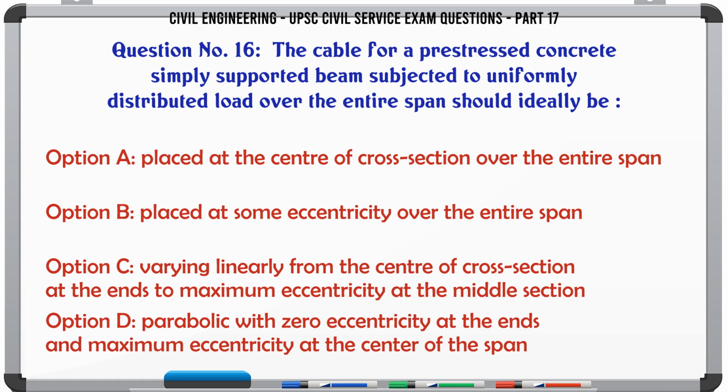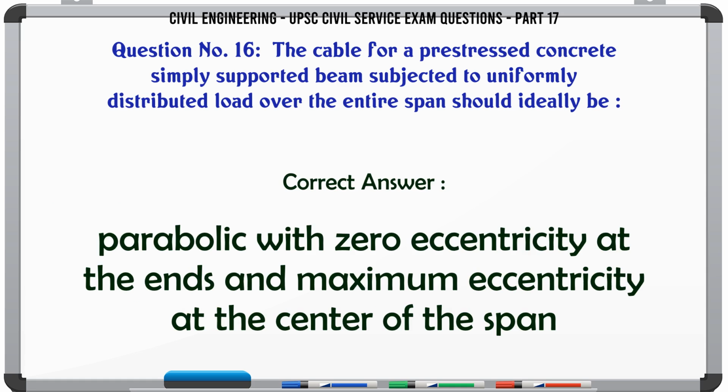C. Varying linearly from the center of cross-section at the ends to maximum eccentricity at the middle section. D. Parabolic with zero eccentricity at the ends and maximum eccentricity at the center of the span. The correct answer is parabolic with zero eccentricity at the ends and maximum eccentricity at the center of the span.